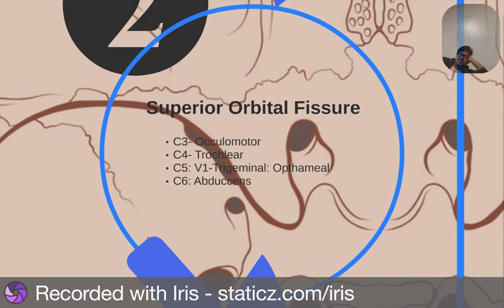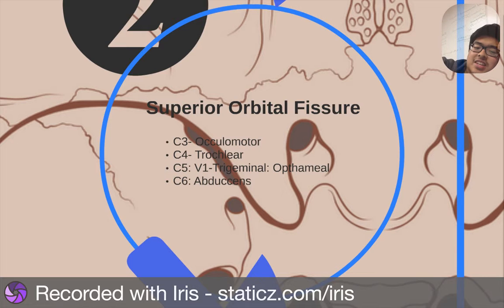What do each of them do? Let's start with oculomotor. The oculomotor nerve does a lot of the eye movements. The trochlear allows the eyes to look inferiorly and medially.